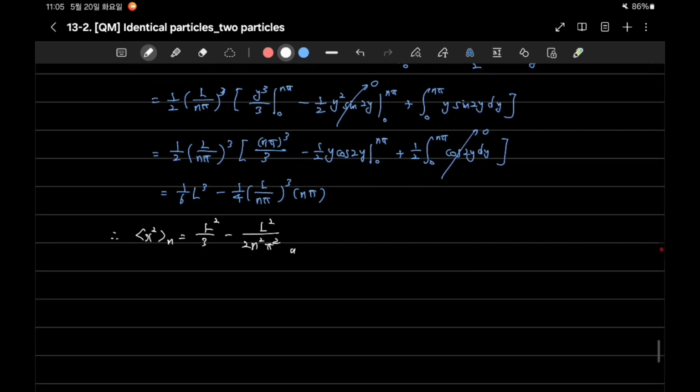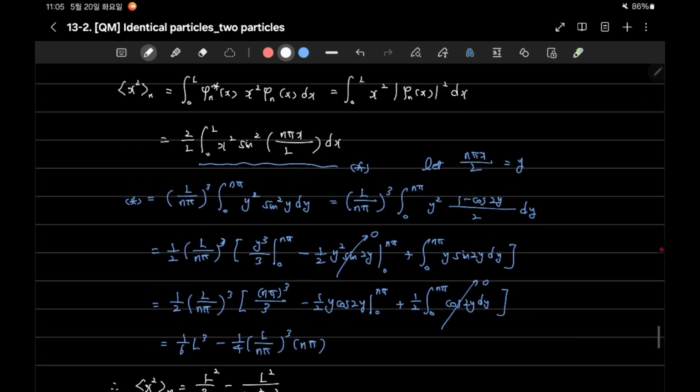And also x for n is the integration from 0 to L of phi_n star(x) x phi_n(x) dx, and it is the integral from 0 to L of x phi_n(x) squared dx.